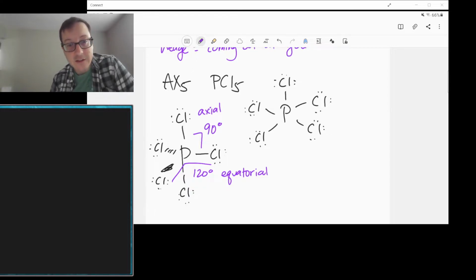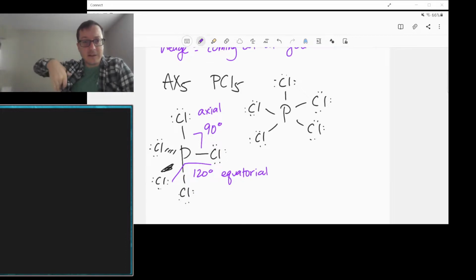And the axial angle, so the angle between the axial one and the equatorial one is 90 degrees. Between both axials, it's 120, right? And then between two equatorial ones, it's 120. Did I say 120 for both axial? It's 180. From the up chlorine to the down chlorine, 180. But we don't need to worry about that. So those are the two angles that we have here between things.